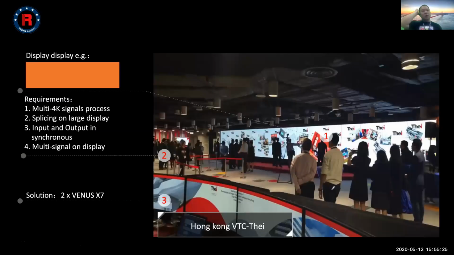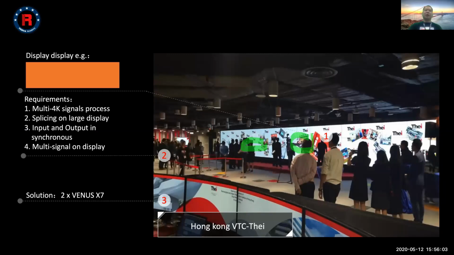This is one of the case studies, at Hong Kong VTC University, with 2 pieces of S7 for this interactive application. If you check the details, or if you followed me on last month's webinar, we shared this project. This LED display is designed with interactive content for the people who are visiting here.